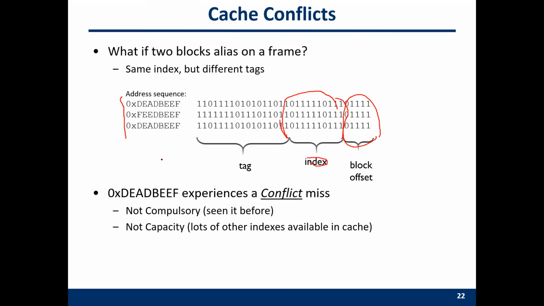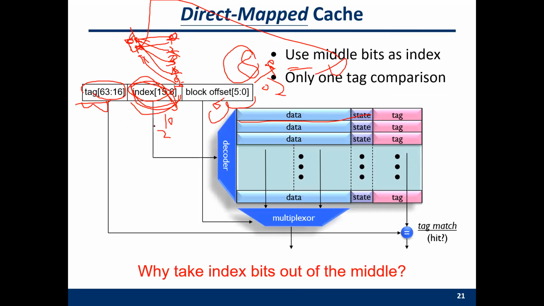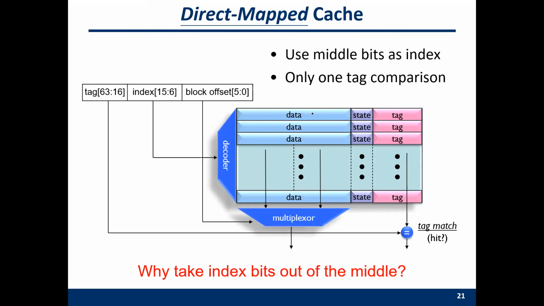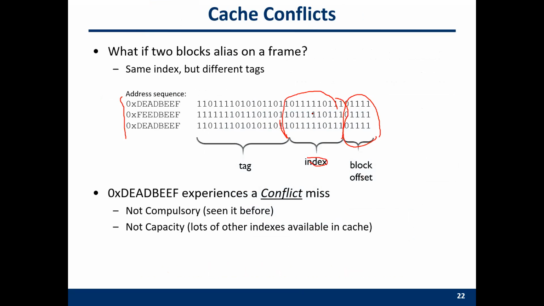The same index means these three addresses will be mapped to the same location here. So they will have so-called conflicts. This is the third type of cache misses, which is conflicts. By comparing the tag, we can exactly know which piece of data the cache line stores here.